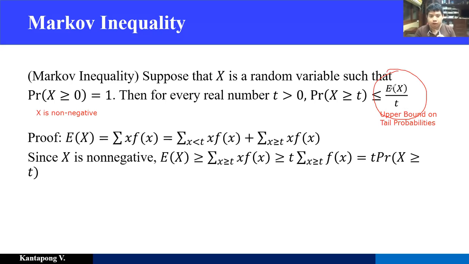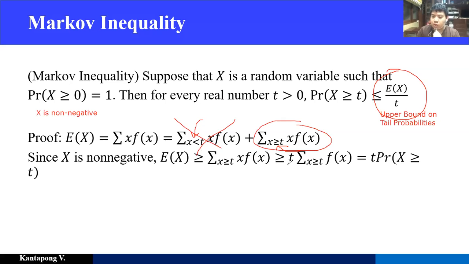Okay, so how do we prove this? E of X is the sum of x f(x). You could split it into x less than t or x greater than or equal to t. Since X is non-negative, you could get only this term because it is positive, right?